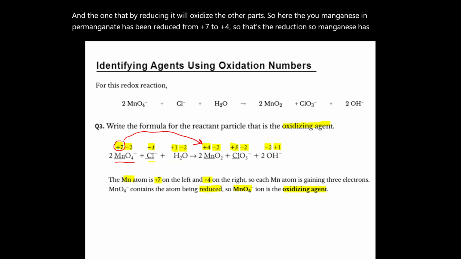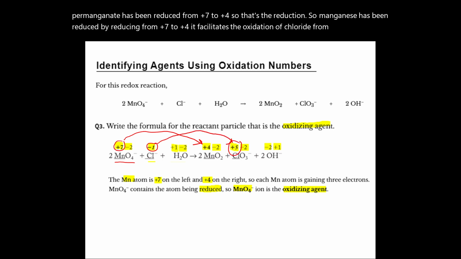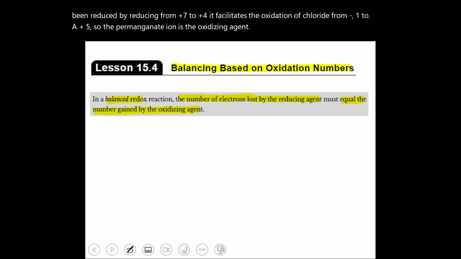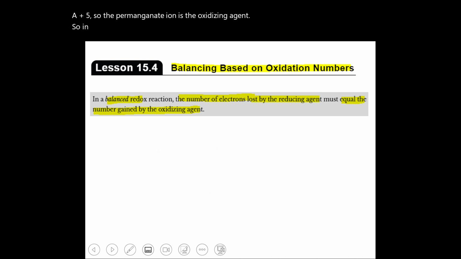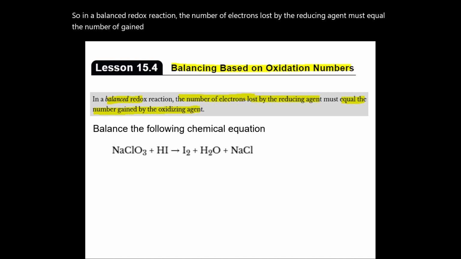So manganese has been reduced. By reducing from +7 to +4, it facilitates the oxidation of chloride from -1 to +5. So the permanganate ion is the oxidizing agent. So in a balanced redox reaction, the number of electrons lost by the reducing agent must equal the number gained by the oxidizing agent.